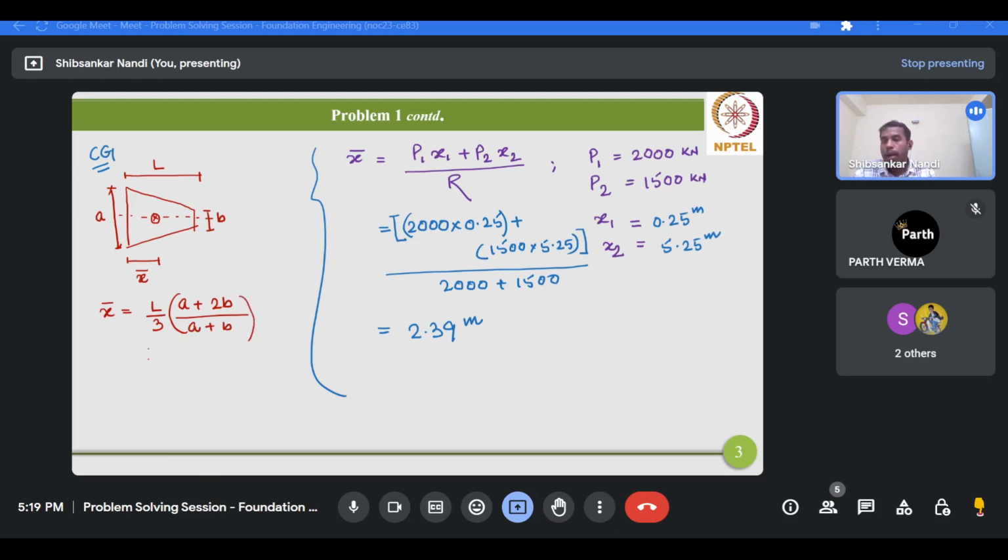Please keep in mind that the reference line we are taking is at the left edge of the footing.